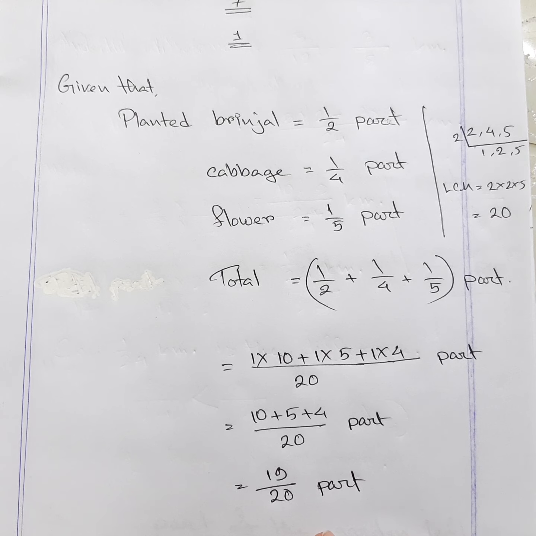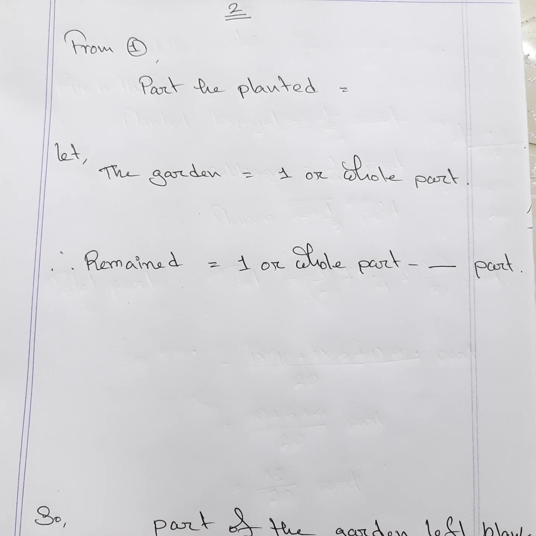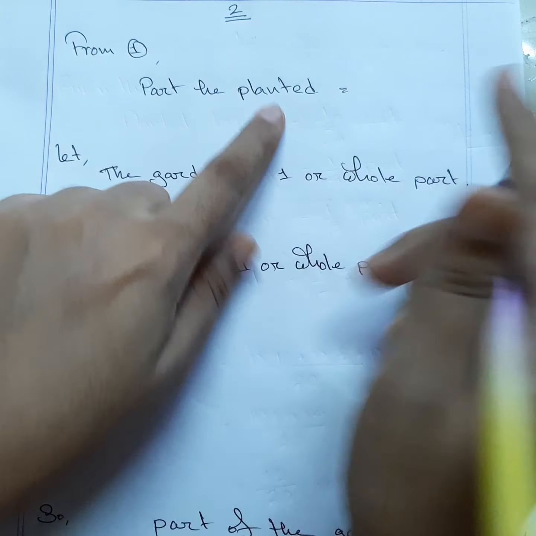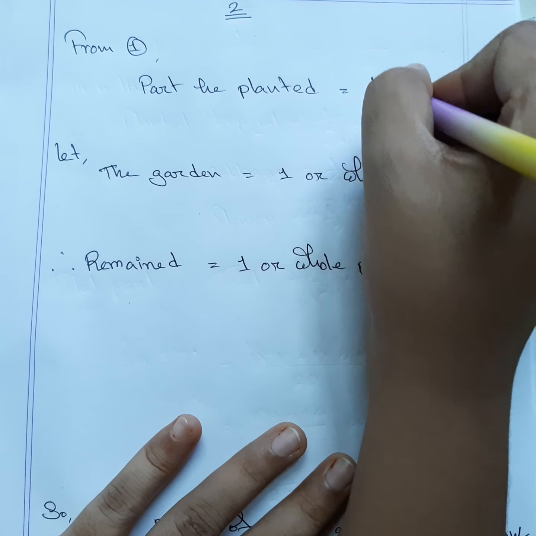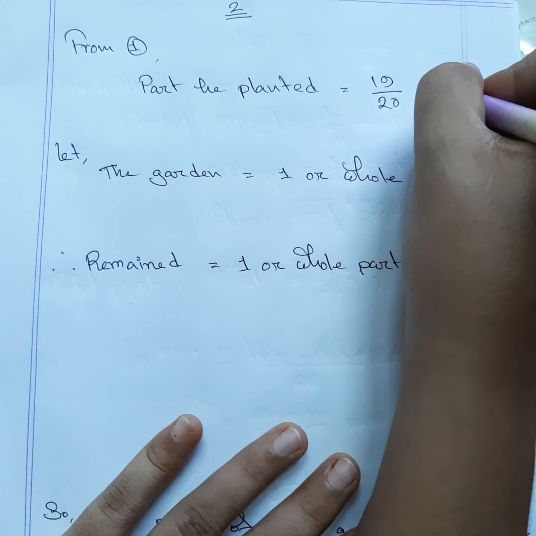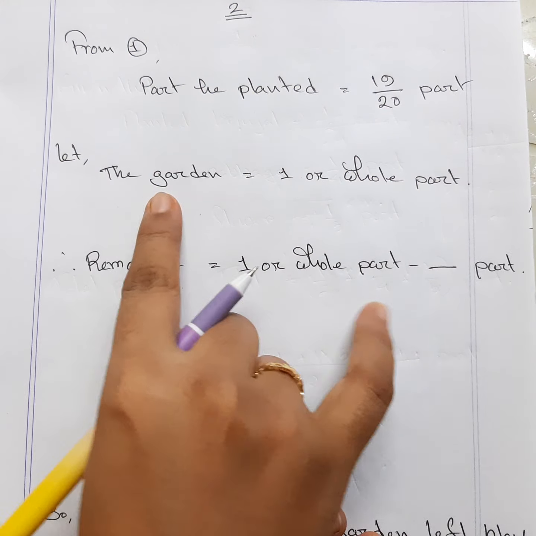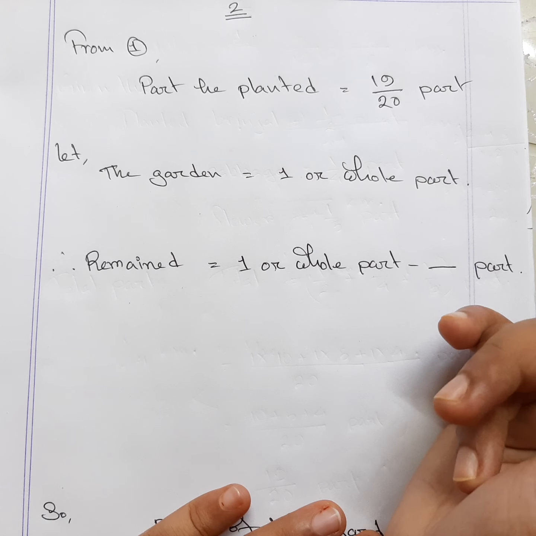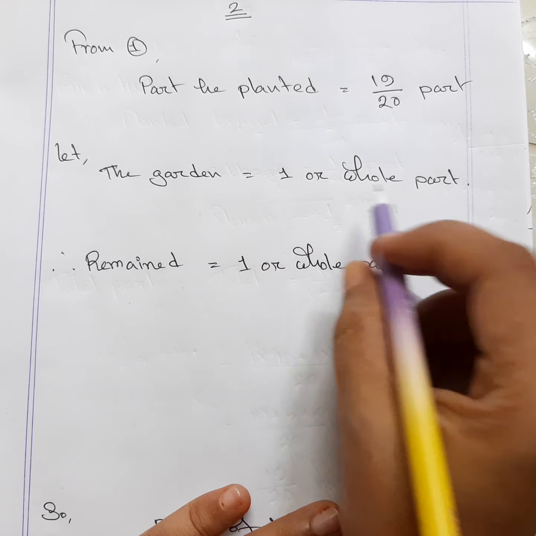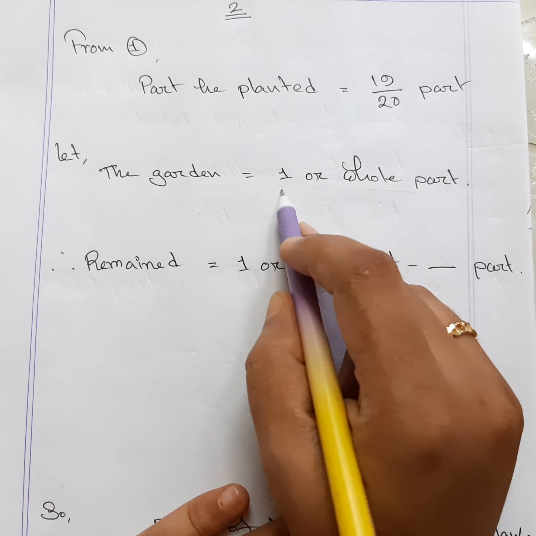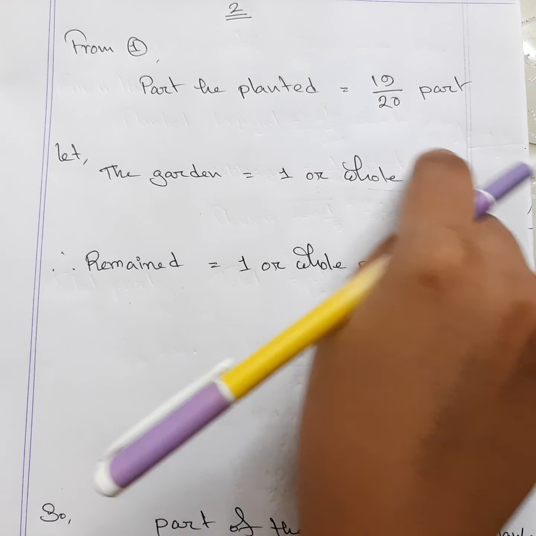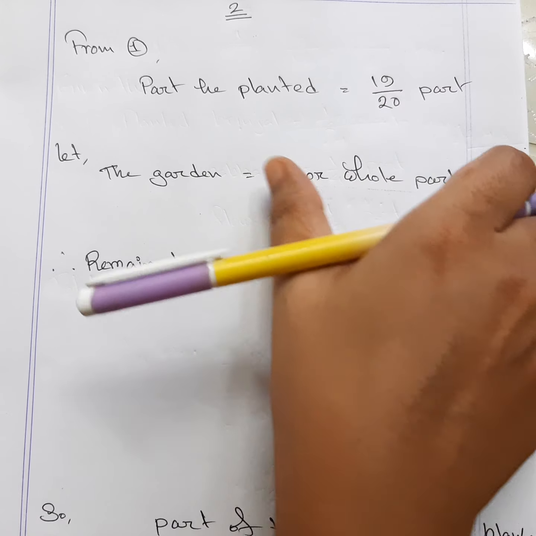Okay, now the second one. We are going to write down the part he planted, 19 out of 20 part. Let the garden be one or whole part. As I said, he has one piece of land, the whole land we are talking about, so this is the way we write one or whole part. To find the remaining blank part, we need to take the planted part out of the whole land.